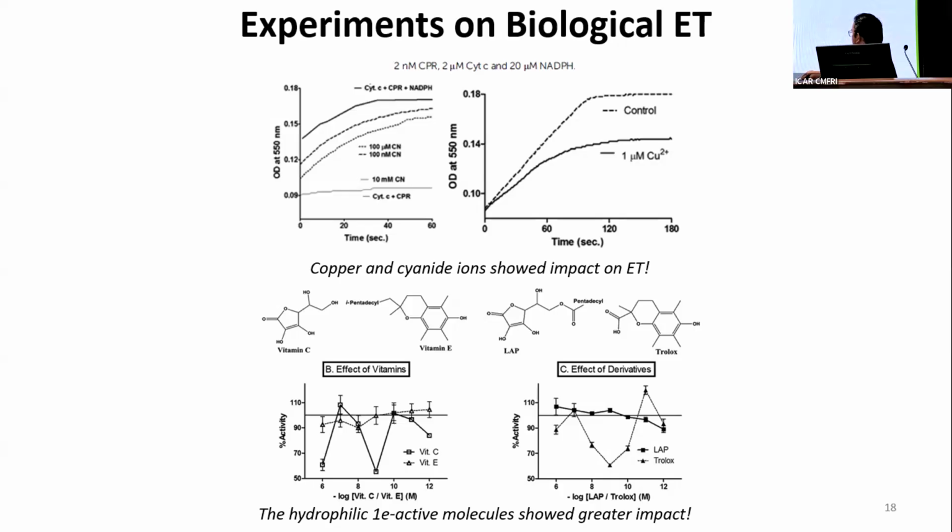And then we have the effect of vitamins and some of the derivatives of the vitamins. We talk about this particular graph where you have a soluble form of vitamin C and then the lipophilic form of the vitamin. The lipophilic ones are not showing a lot of difference here with respect to the inhibition of cytochrome, which is a soluble system. So when you put in a soluble vitamin, you can see the variations in the activity.